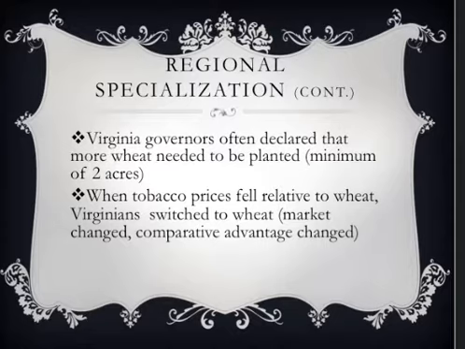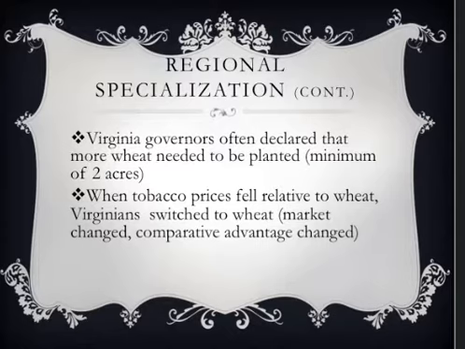But it's also interesting to take a look at the fact that when tobacco prices changed relative to wheat prices, the Virginia farmers adjusted to that. The farmers realized that as tobacco prices started to fall, it was less of a benefit to them to grow tobacco, and they switched over from tobacco production to wheat production.